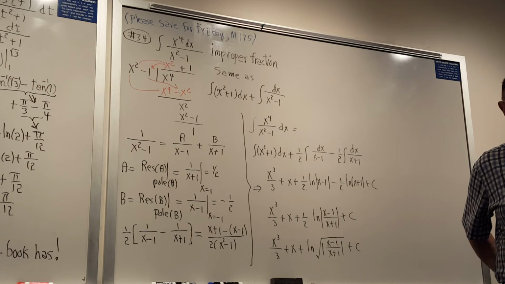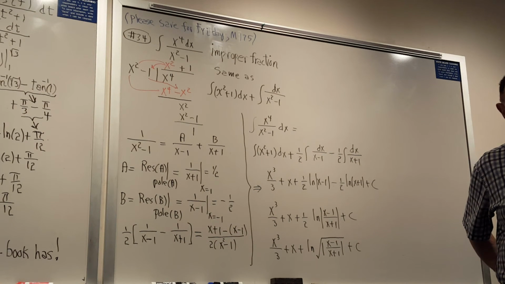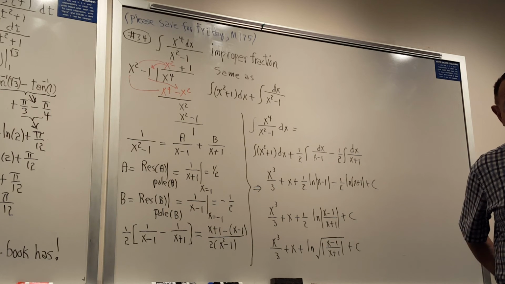And then we will talk about what are called improper integrals, where you're working with definite integrals but they go to infinity, or they include a vertical asymptote at an endpoint, something like that. We'll do that sort of thing on Friday.